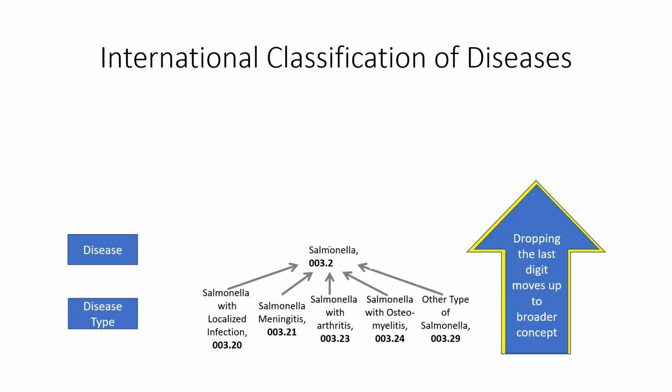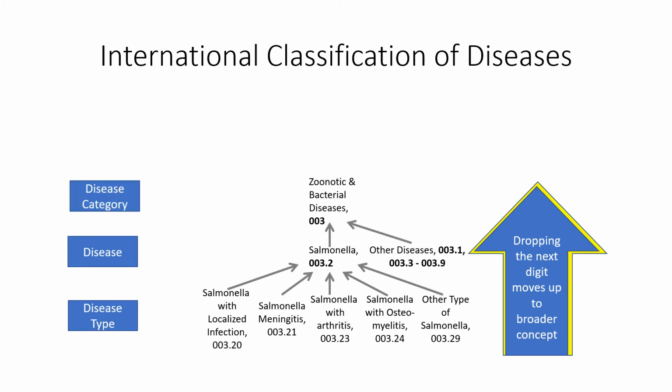When we drop the last digit in these codes, we get to the broader concept of Salmonella. So here we have the code 003.2, which stands for Salmonella. When we continue to drop, and now we have the code 003, we get to zoonotic and bacterial diseases, a disease category that includes Salmonella, but also includes other diseases.